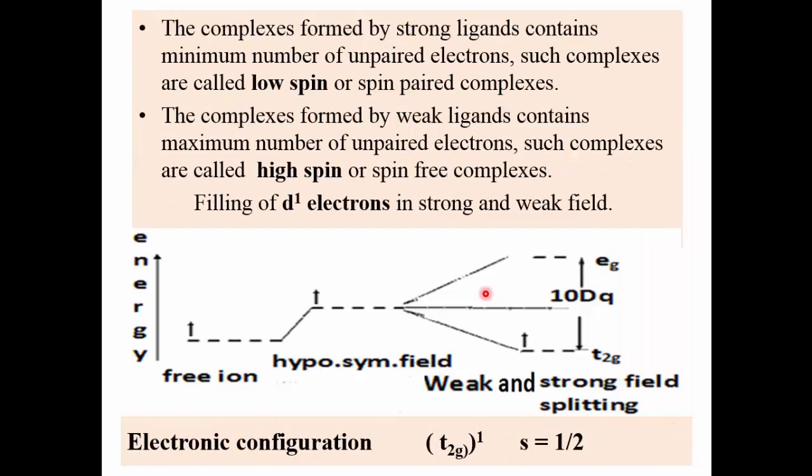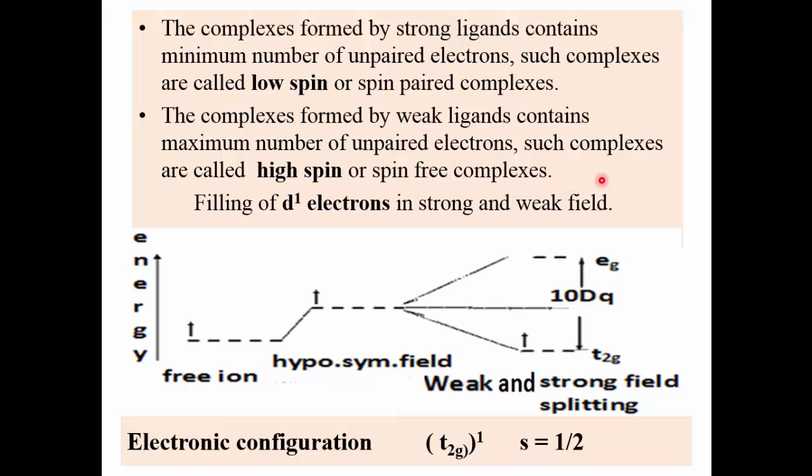Then see the next rule, the complexes formed by strong ligands contain the minimum number of unpaired electrons, and such complexes are called low spin or spin paired complexes. Next one, the complexes formed by weak ligands contain the maximum number of unpaired electrons, and such complexes are called high spin or spin free complexes.